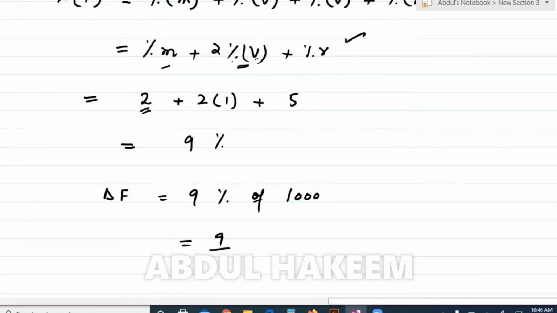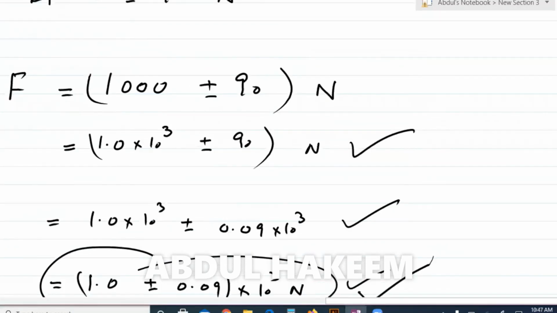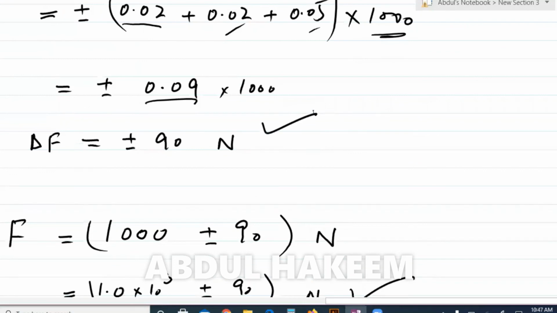So 9% means 9 divided by 100 into 1000. 2 zeros cancel. Look again, it's coming 90 Newton. So it doesn't make any difference whether it's calculated by the fractional uncertainty or the percentage uncertainty.